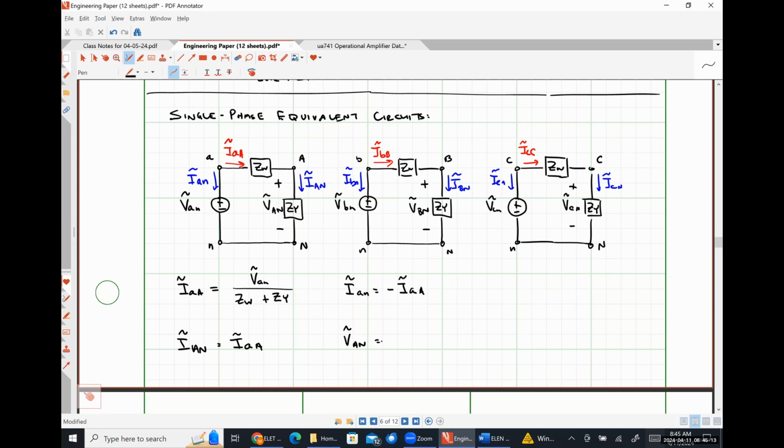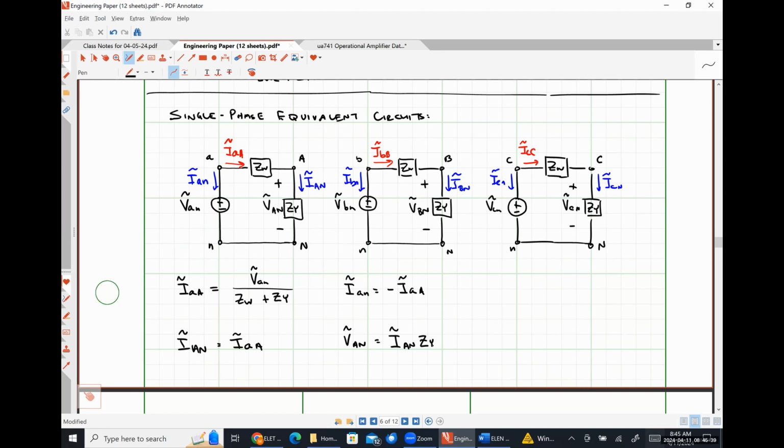It's just Ohm's law. We have current, we have impedance. I times Z. Yep. So IAN times ZY. So those are all of the different things that we can solve for using the single phase equivalent circuit.